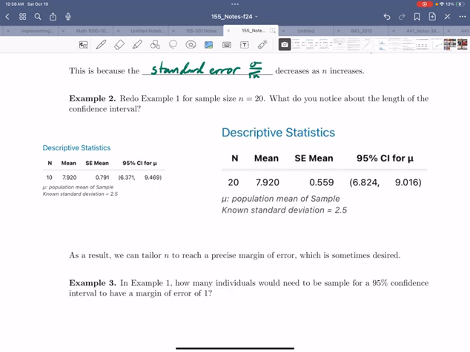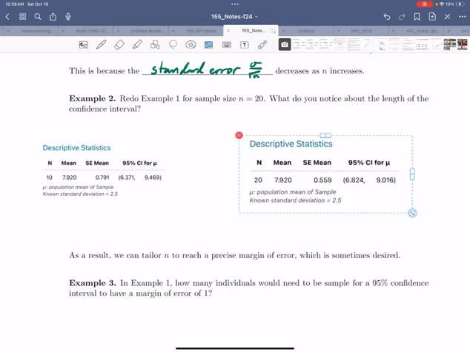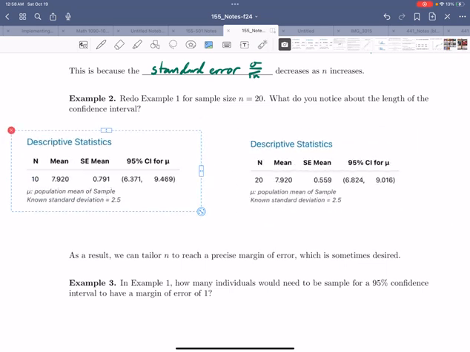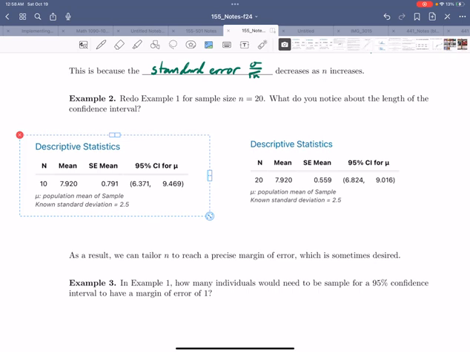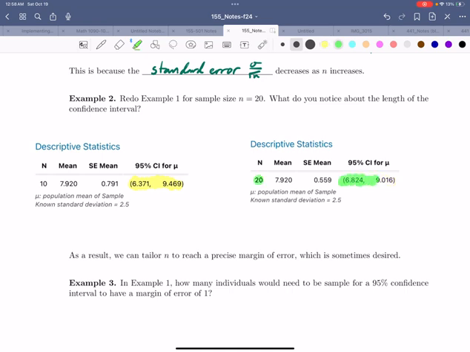And this is n equals 20. Right, and just note the length of the confidence interval here, right? For 10, we have this length. For 20, we have this length, right? Note that this second interval is shorter, right? The green interval is shorter than the yellow interval, right? Because we just have more data.